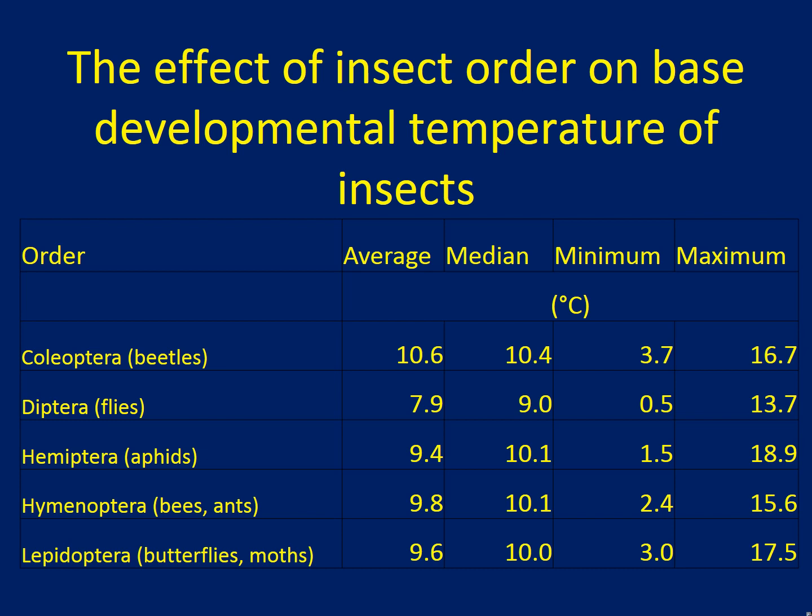We see here 5 insect orders: Coleoptera, Diptera, Hemiptera, Hymenoptera, and Lepidoptera, and we see the average base temperature for development that are between 8 and 10 degrees. The minimum and maximum values are from 0 to around 19 degrees, which overlaps mostly the base temperature for crops.